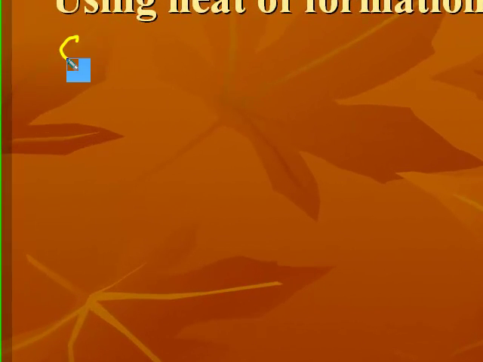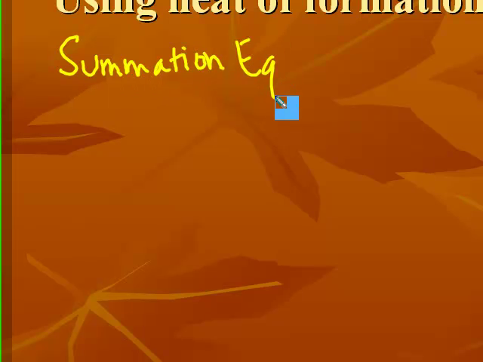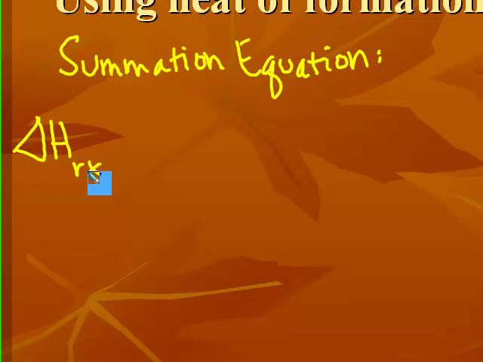And this is called the summation equation. And the summation equation looks like this. It says that the delta H of your reaction is going to be equal to, this is a sigma, Greek letter, it stands for sum.